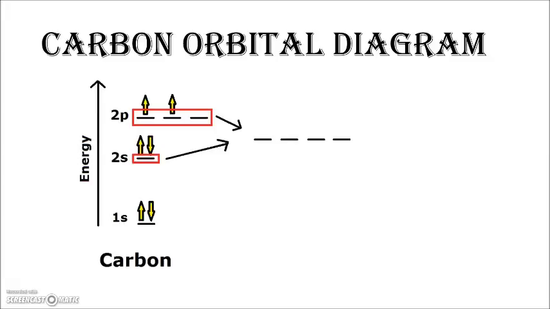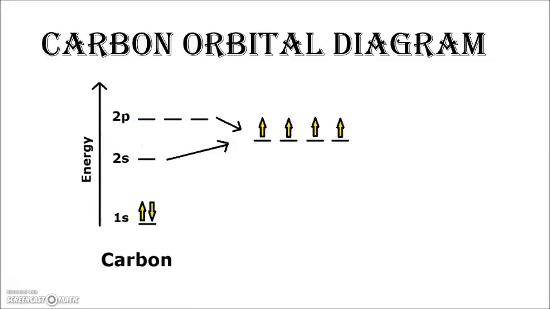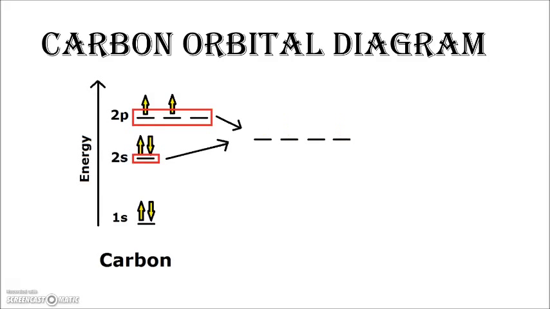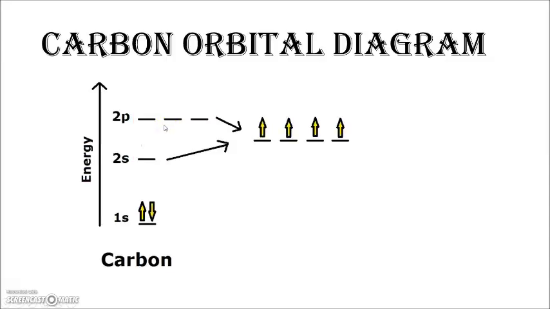So Hund's rule tells us that what was originally in the valence shell is going to come over to these hybrid orbitals that are now in the valence shell, and I'm going to fill them one at a time. So just like this, if I go back and you take a look, I had 4 electrons here. I take all 4 of them and I put them here one at a time. And if you draw the Lewis dot structure for carbon, that's exactly where those 4 dots are coming from.